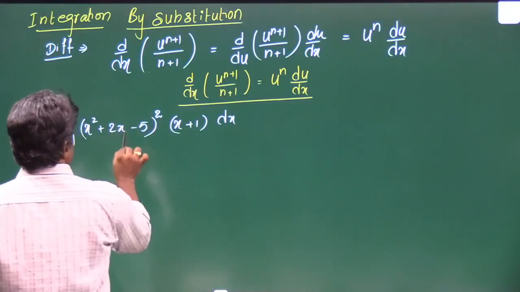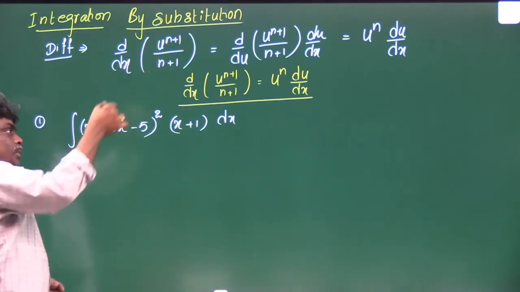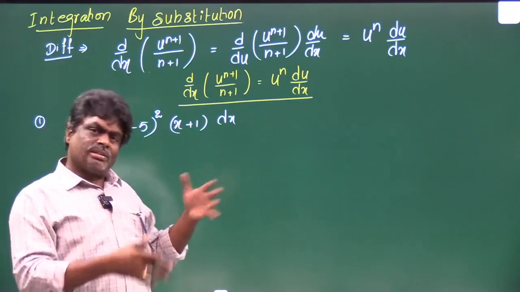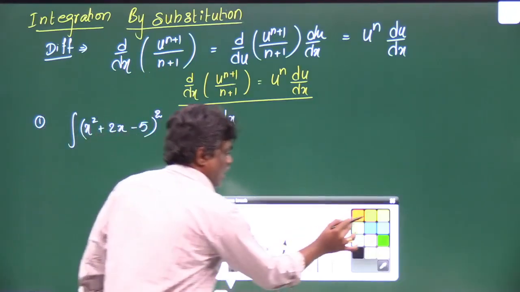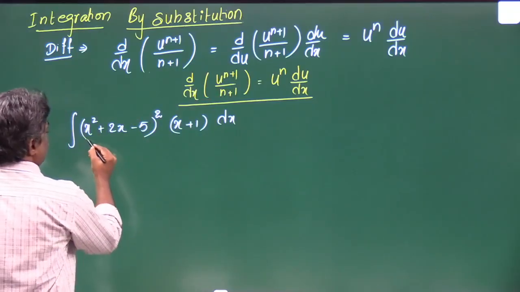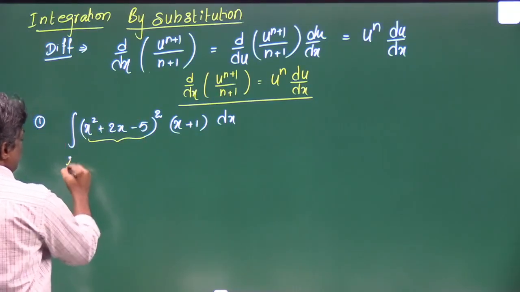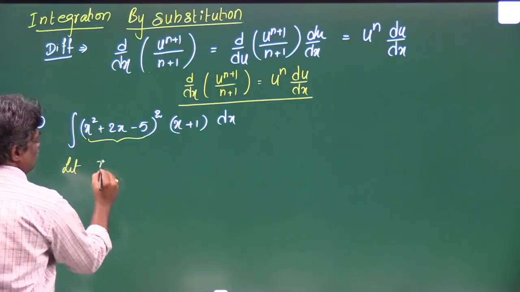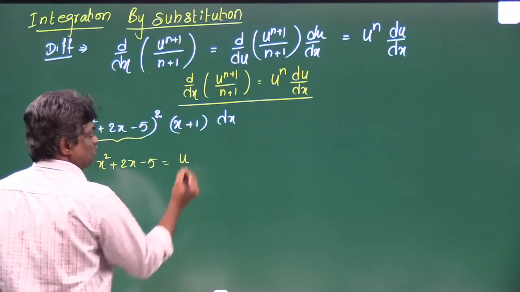If you expand the whole square and multiply by x plus 1, we can also do it, but it takes so much time. So now carefully observe this function. Let x square plus 2x minus 5 equal to u.